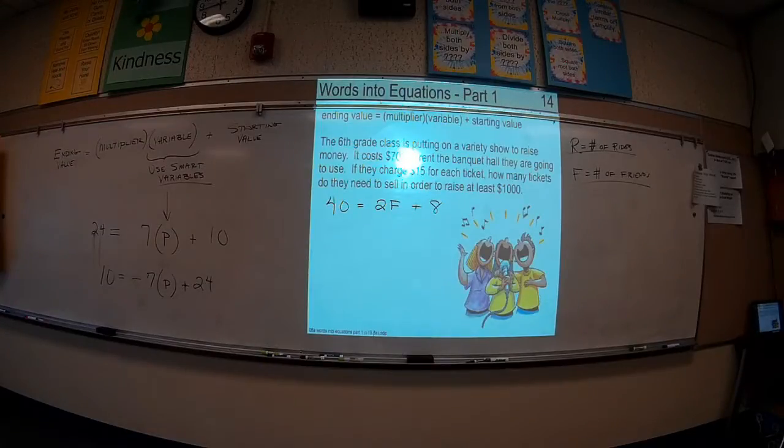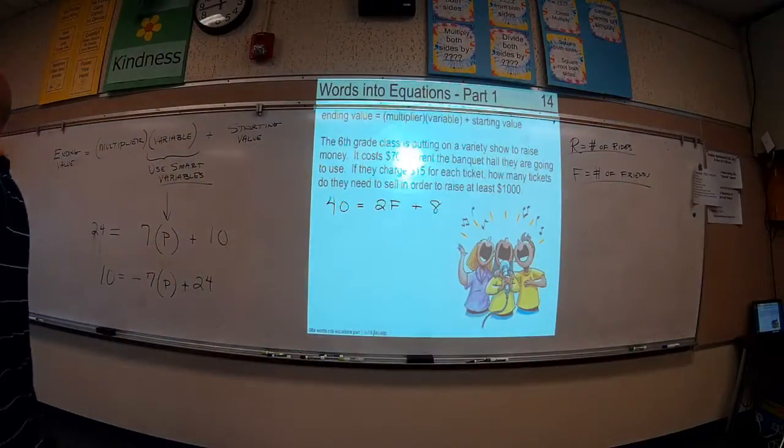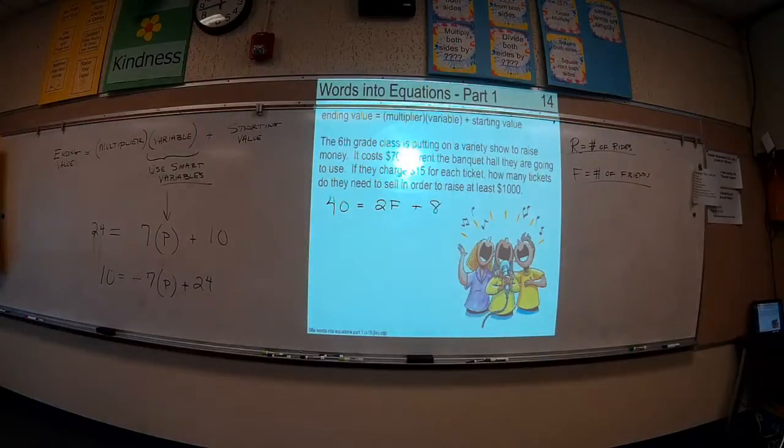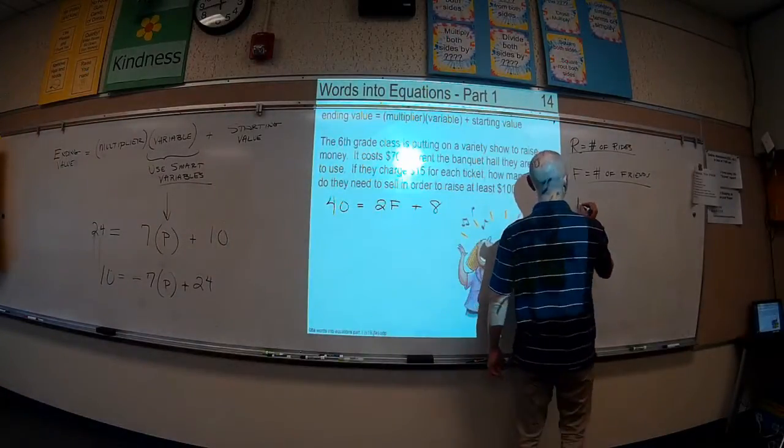Yeah, you can use that variable. Chris, what variable do you want to use? Micah, coming back to you. Let's use T. What does T represent, Aiden? The number of tickets you need to sell.